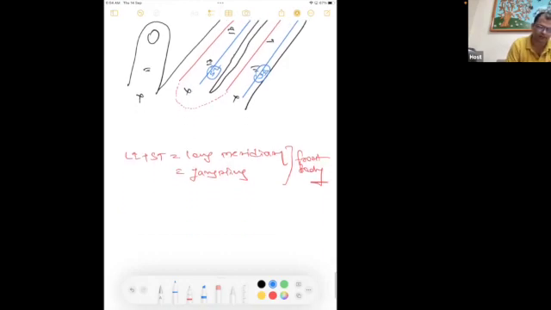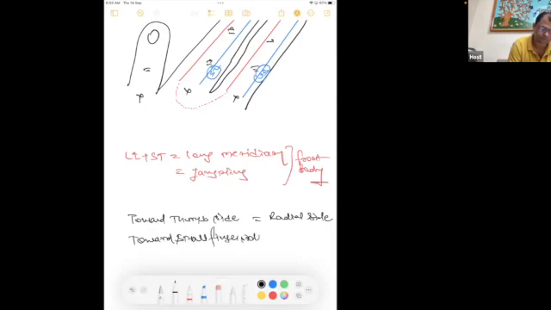So there is a medical term: toward the thumb side, we are telling radial side. And toward the small finger side, we are telling ulnar side.